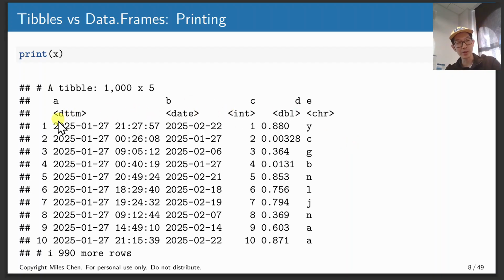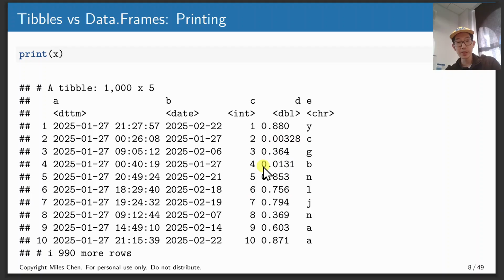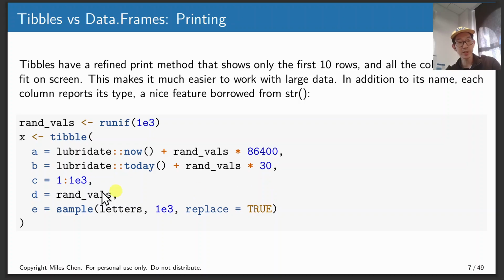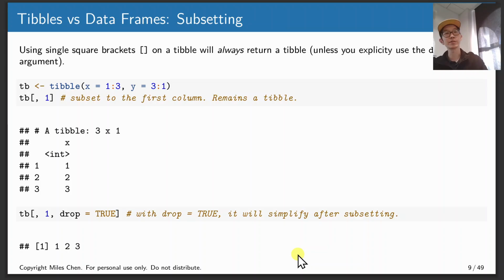Here we've got a few columns, and it just shows the first 10 rows and what fits on your screen. Column D has random values, rounded off to basically 3 significant figures. The entire number is stored, but as far as what shows up in the display, just a handful of significant figures show up.